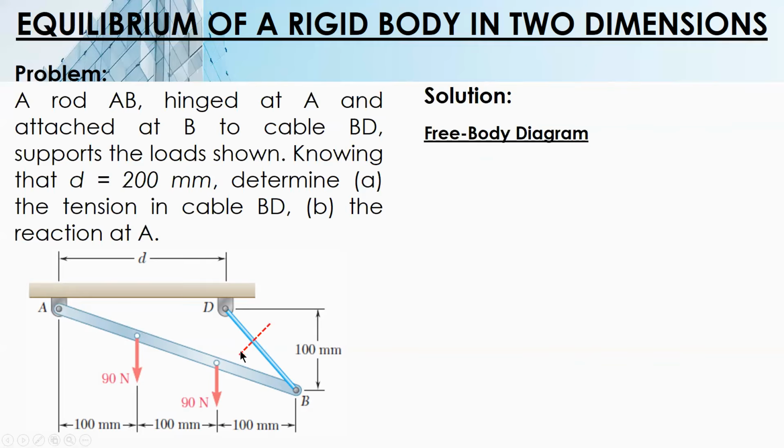It was mentioned in the first part of this video that you have to detach all connections attached to the body. Like, detach the support at A, and detach the cable. And then we'll replace these by the reactions.